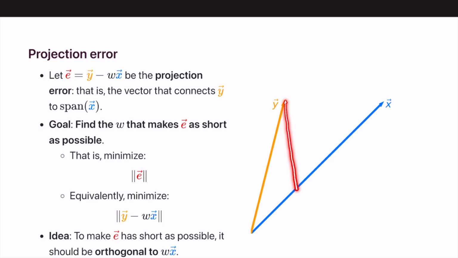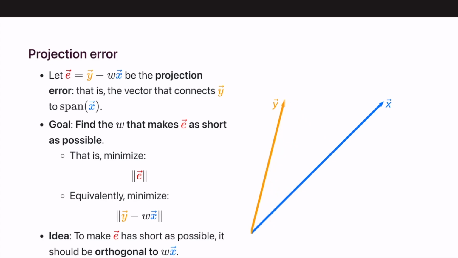This line is a smaller error than that line, or this line, or that line. Intuitively, when this error line here, E, is orthogonal to x, we would say that E is the minimum distance, right? It's the smallest E could be. Any other E here is larger than the E that's orthogonal to x.